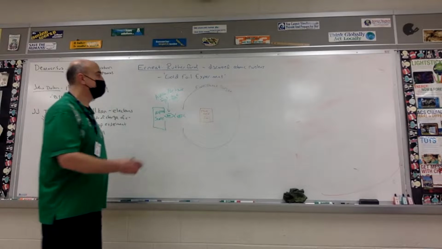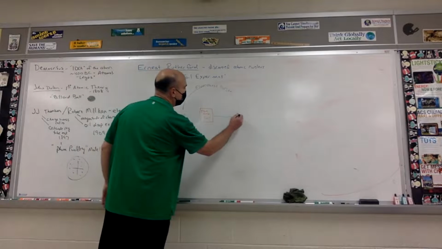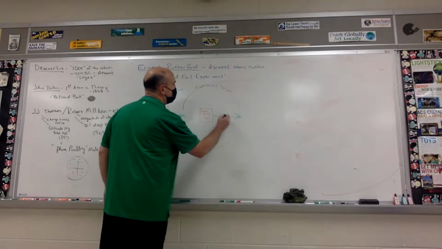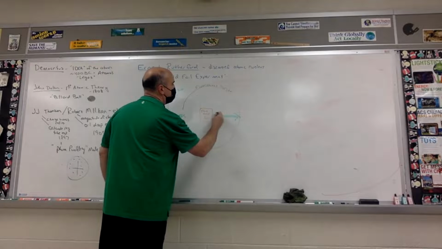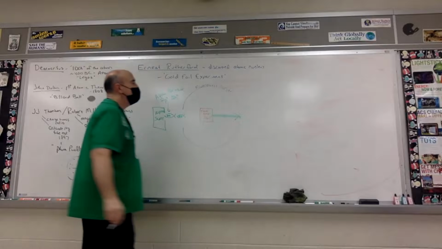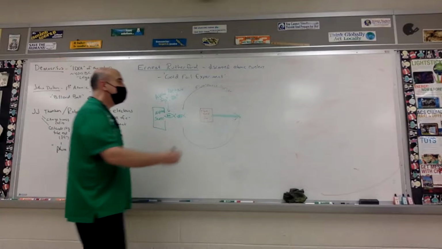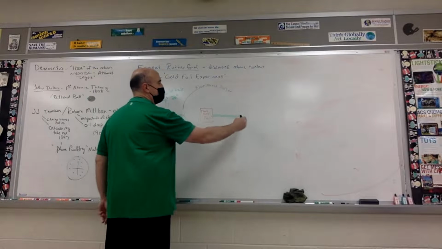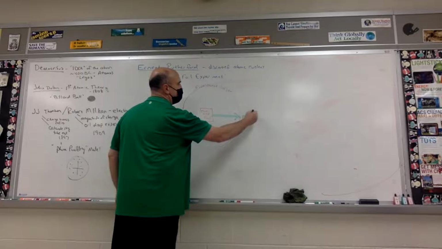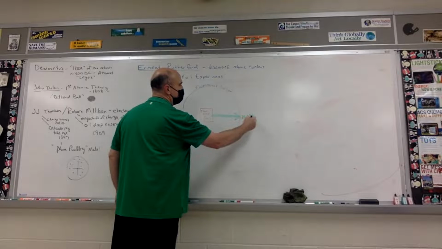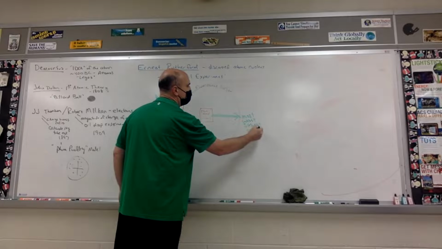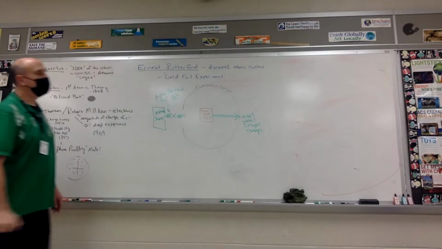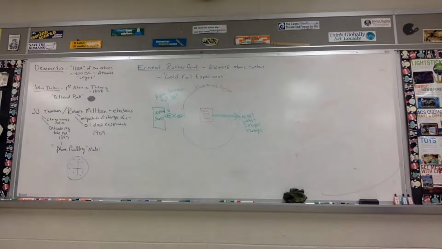And what he observed is most of them went right through. Okay, so most hit the fluorescent screen right behind the gold foil. Most of these particles went straight through the gold foil.